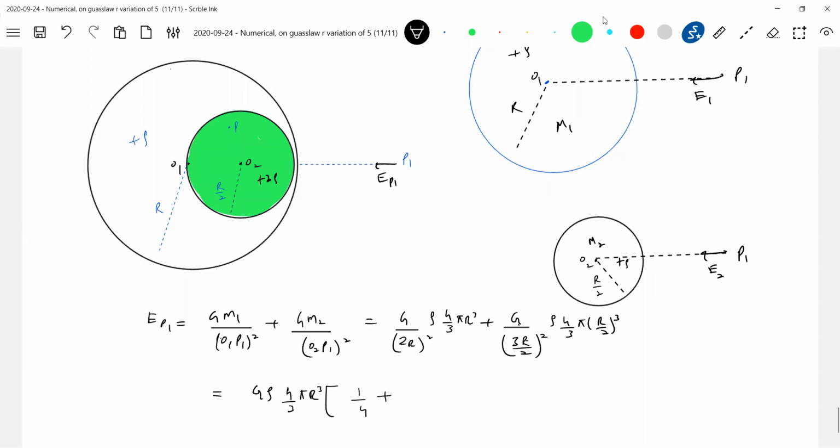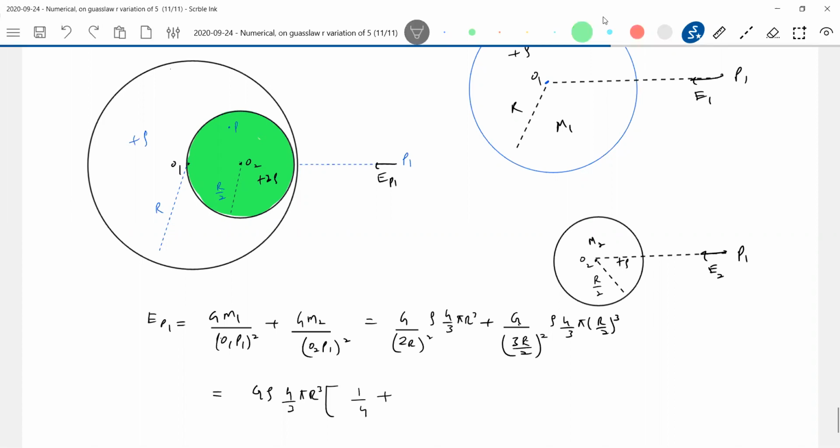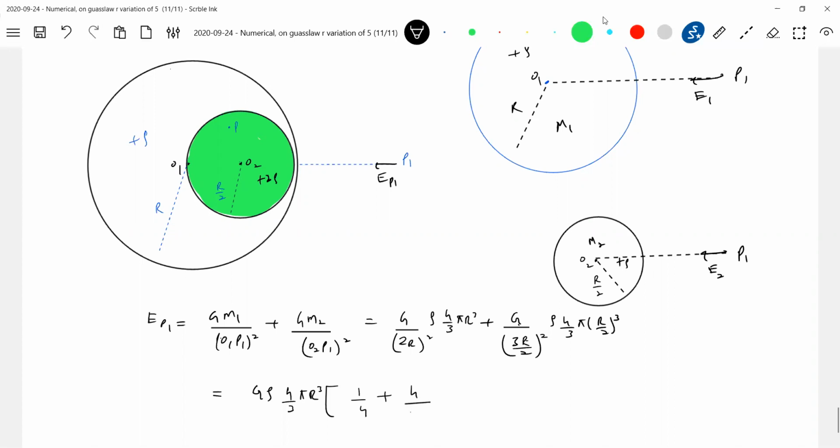Anybody value here? 4 by 3 pi, we took it outside, no? 1 by 4 will come, this will be 3 square, 9, into this is 8. 4 1s are 4, 4 2s are 8, 18 will come, this is. Check the calculation.